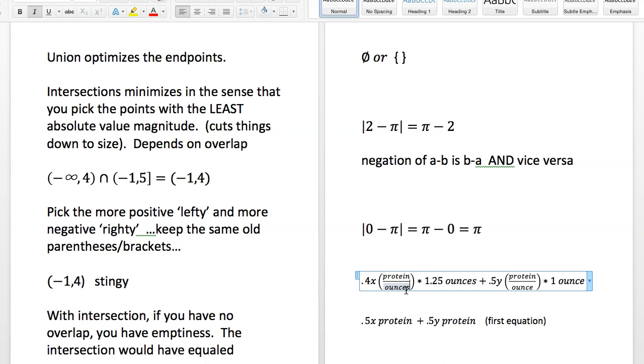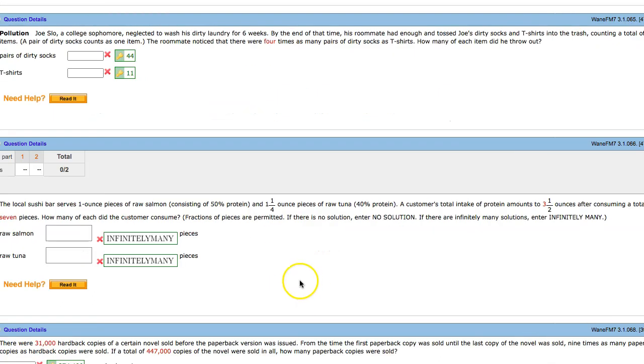And yikes, this should be protein per... Okay, no, and I'm right. We're good. It's just ounce pieces of salmon.